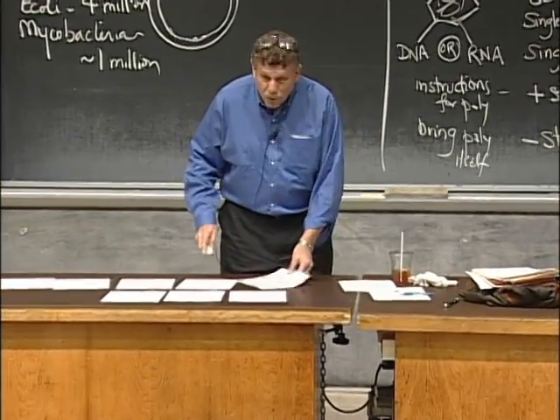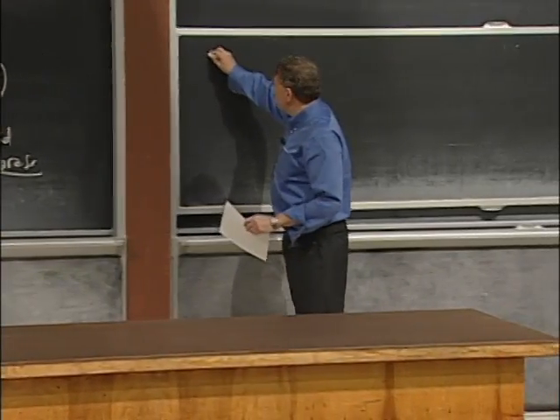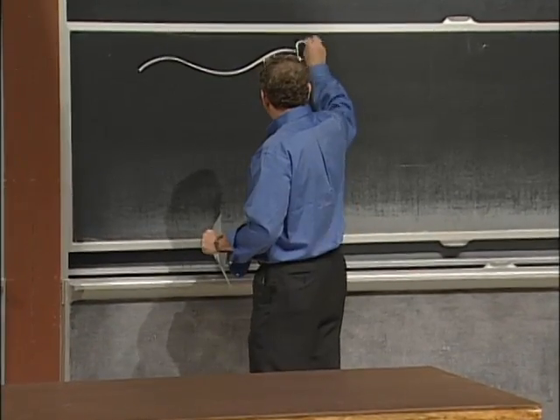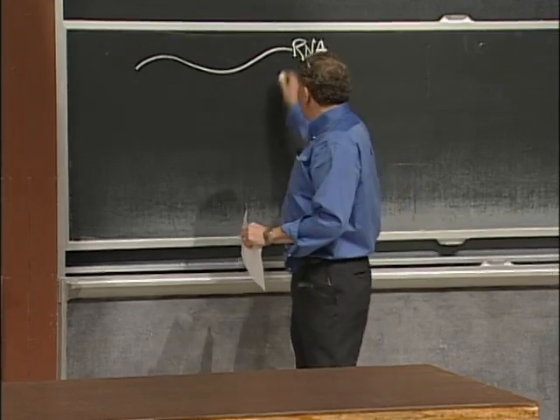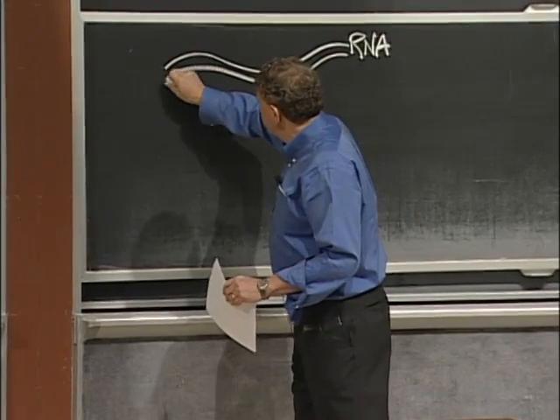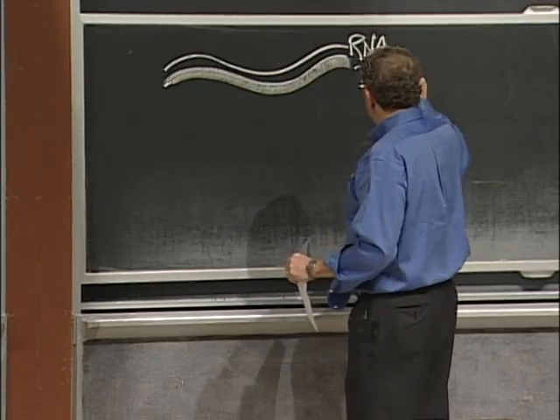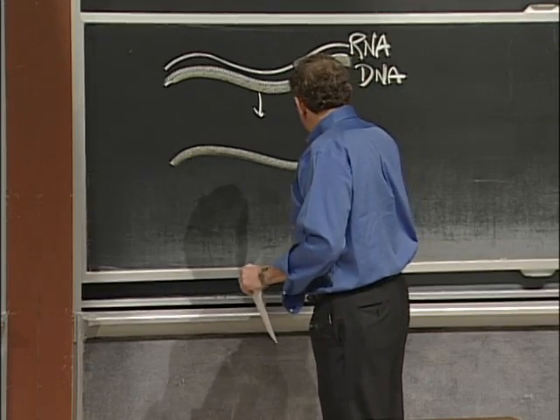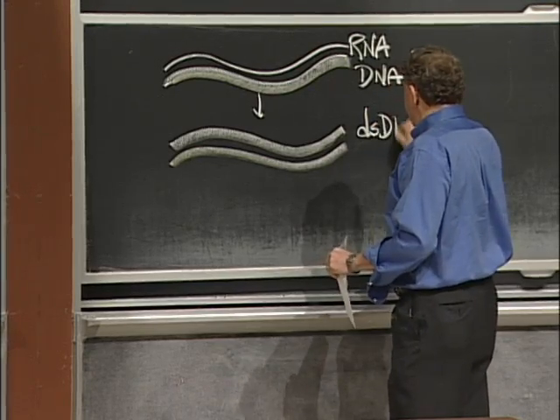Turns out viruses can do one other thing. It turns out that viruses can take that RNA strand and, although I won't go into all the details, copy that RNA strand into a DNA strand, and then copy that DNA strand to a second DNA strand to make double-stranded DNA.